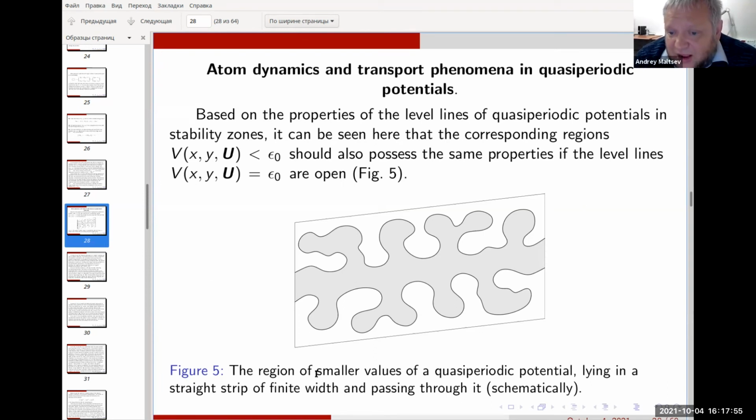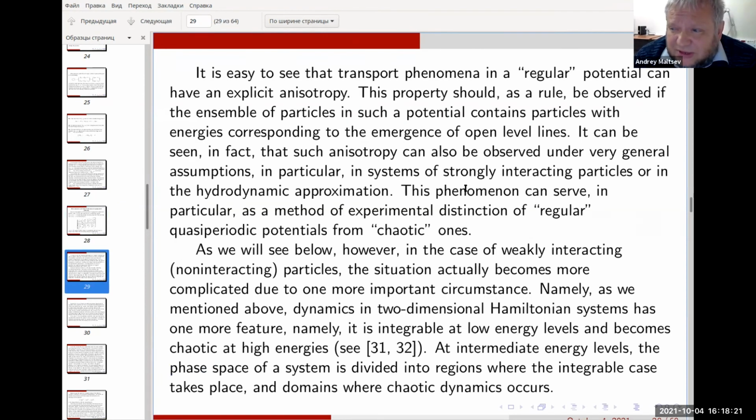So first of all, in potentials of the first kind, we have to observe strong anisotropy in transport phenomena for the corresponding energy levels. But this is true for many systems, even interacting systems or in heterodynamic regimes.